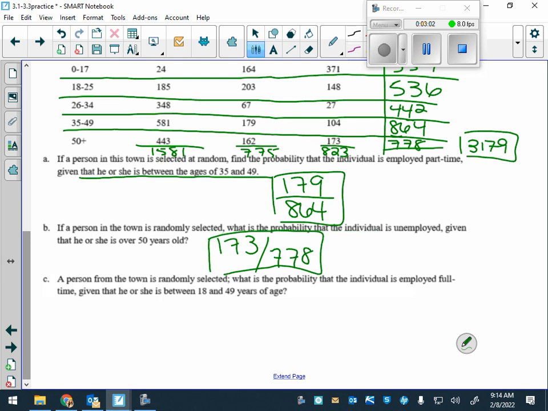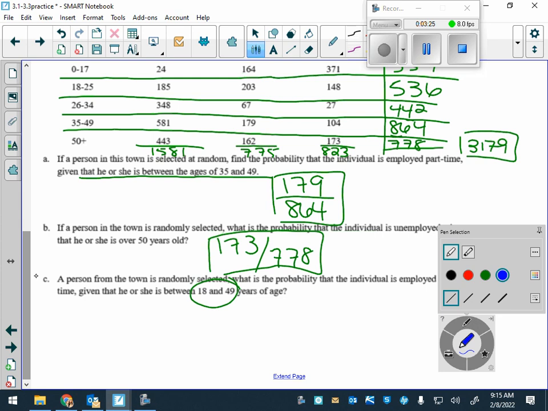A person from the town is randomly selected. What is the probability that the individual is employed full-time given he or she is between 18 to 49? Excellent. Okay, before that, 18 to 49, you will be circling the total of these three rows. So you have 536, 442, and 864, making the denominator of 1,842.